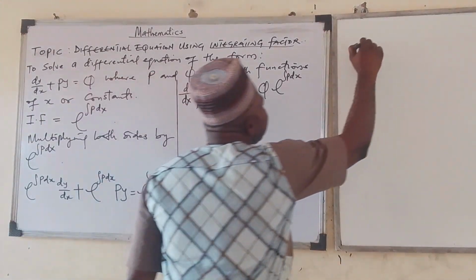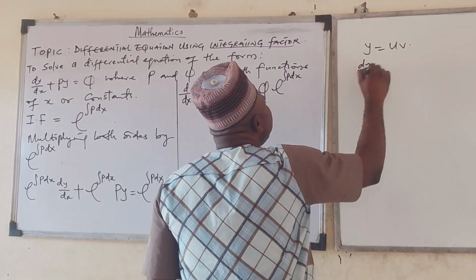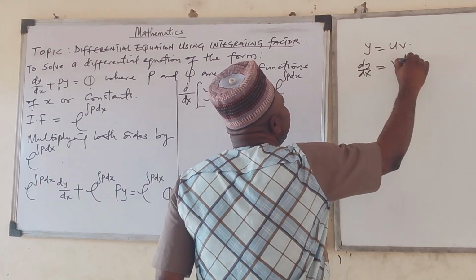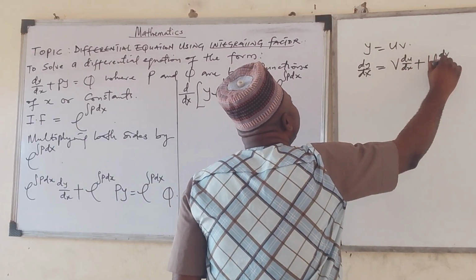Now let's look at it. Remember we said if y is equal to uv, dy/dx will be equal to v du/dx plus u dv/dx.